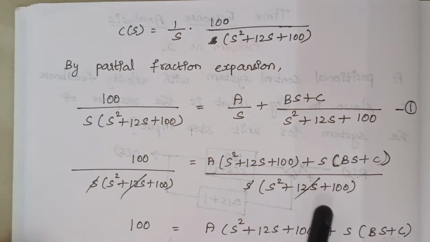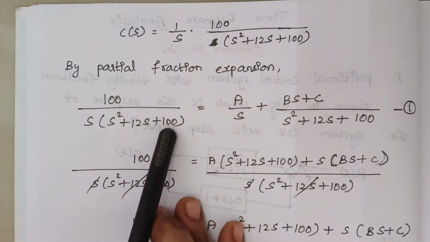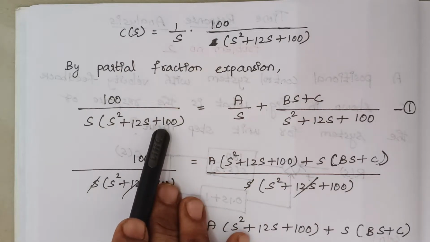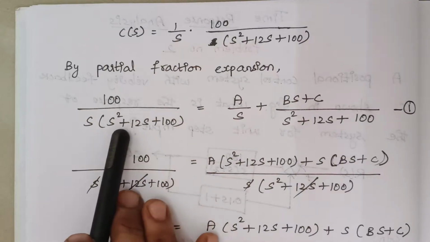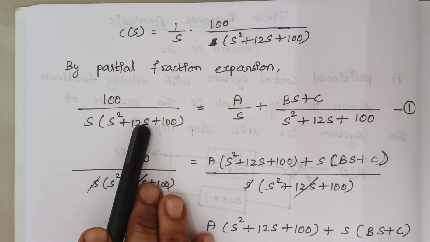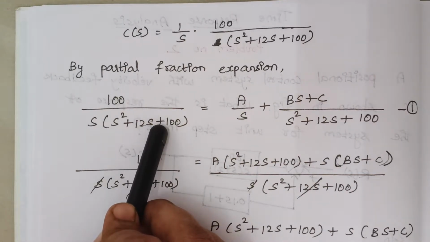When you look carefully, this is a quadratic equation, and this quadratic equation will have complex roots. Since while solving for the roots we get complex roots, complex conjugate roots and not proper real roots, we cannot split this into two independent forms.